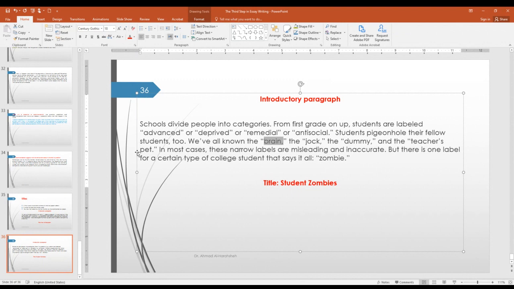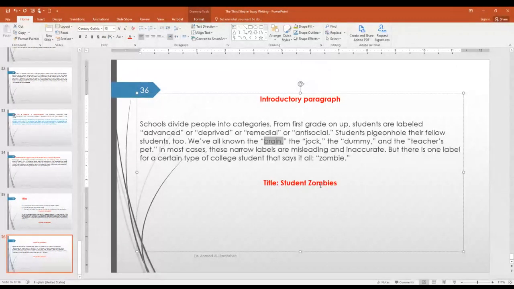The joke, he's always telling jokes, right? The dummy, he's stupid, right? And the teacher's pet, the one who is so beloved to his teacher. In most cases, these labels are misleading and inaccurate. But there is one label for a certain type of college student that says it all: zombies.